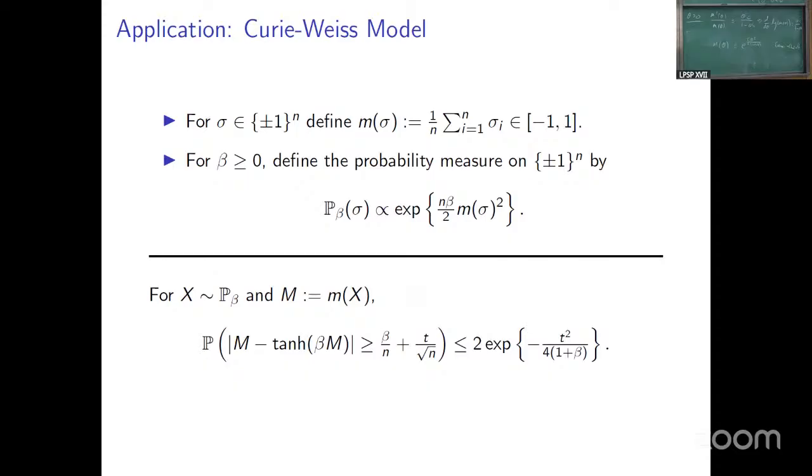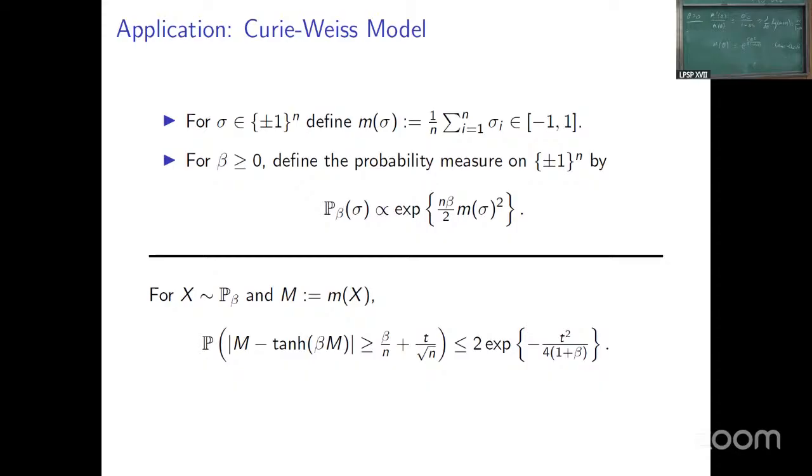Okay, and then we're going to put a probability measure on these spin systems. There's a parameter beta, which is called the inverse temperature. You think of high temperature as beta small and low temperature as beta large. This probability measure is given by this: the probability that I choose a spin configuration sigma is proportional to e to the n beta over 2 times m of sigma squared. So again, m is of constant order, it's in [-1, 1], and we blow this thing up by n.